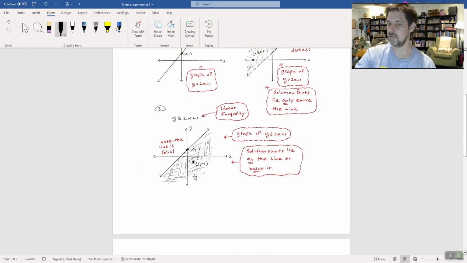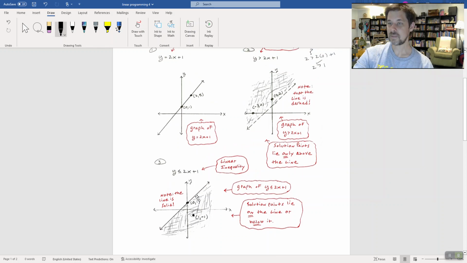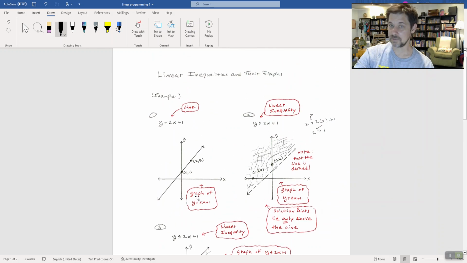My shading here indicates I want my answer to be all the points below this line. Notice this time the line is not dashed because that's a less than or equal to. So the equal to is the line, the less than is all the points under it, and those together are the answer. Okay, so the graph of this, the points on the line and all the points under the line, you could say. Okay, that's how you graph inequalities.